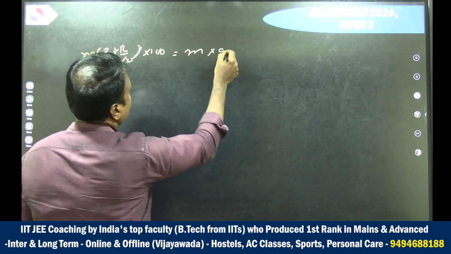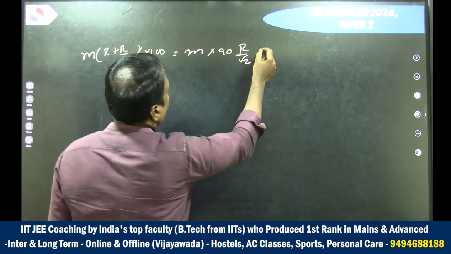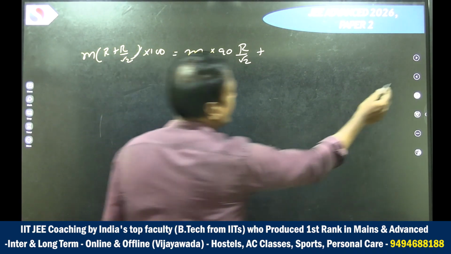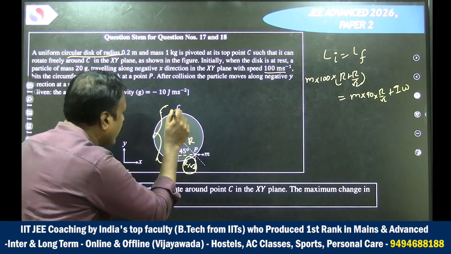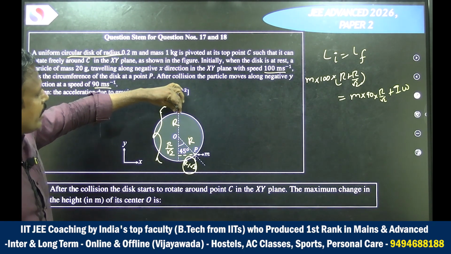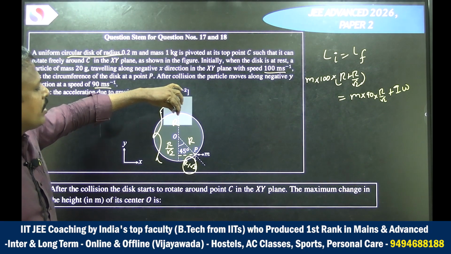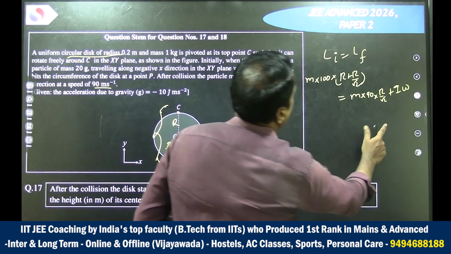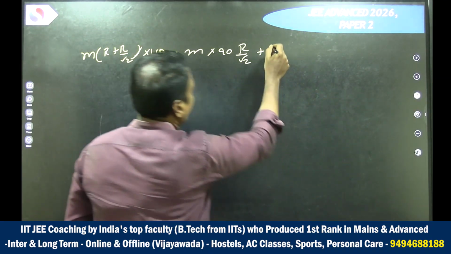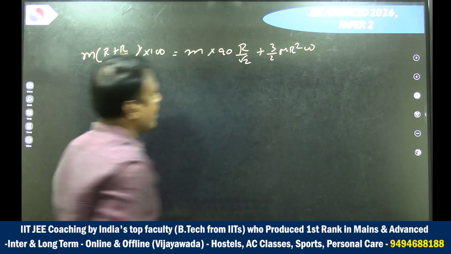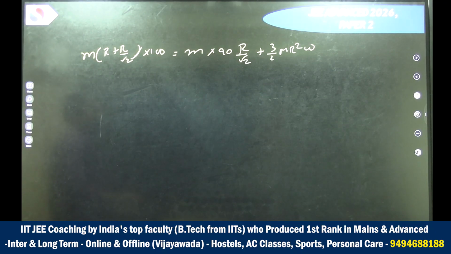On the right hand side, in place of I, because this particular disk is to rotate about point C, this point C is going to be the axis which is tangential and perpendicular to the plane of the disk. That's why the moment of inertia of that disk becomes 3 by 2 MR square.